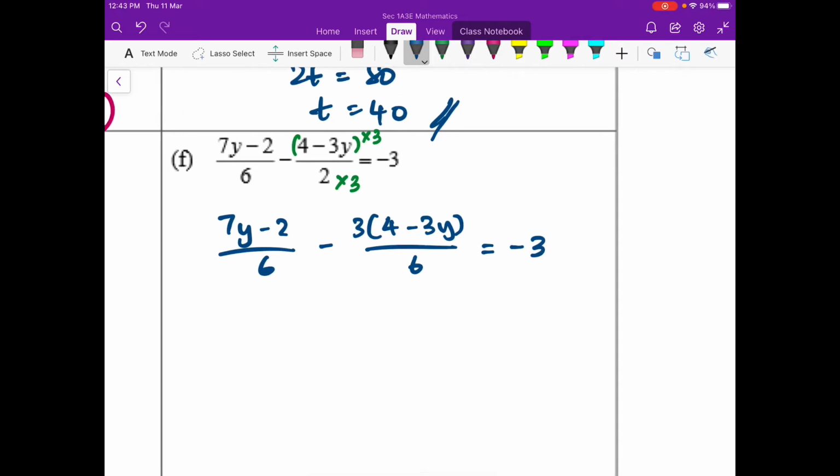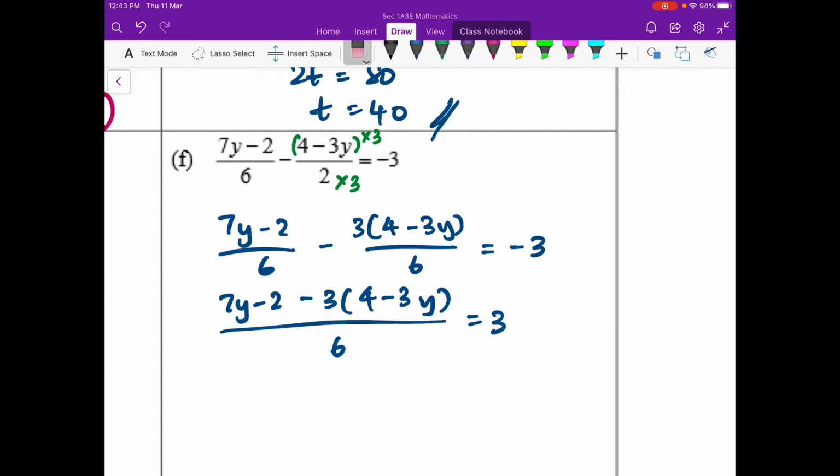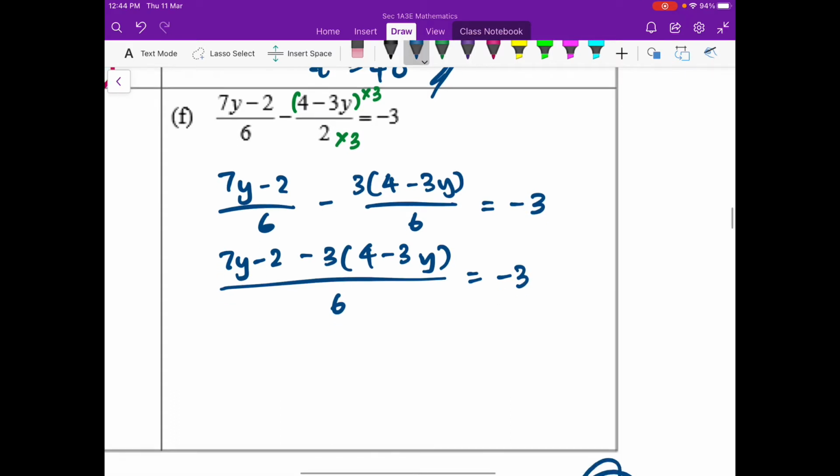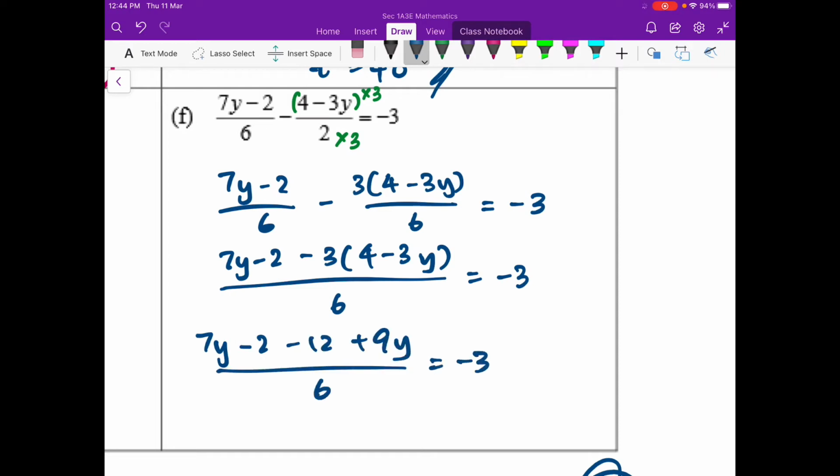Combine, then expand. 7y minus 2 minus 3 times of 4 minus 3y. This is the combining. Then I expand so that I will not make a careless mistake when I expand it out. So 7y minus 2 minus 12 plus 9y over 6, and that's negative 3.